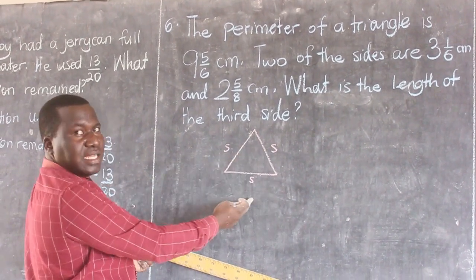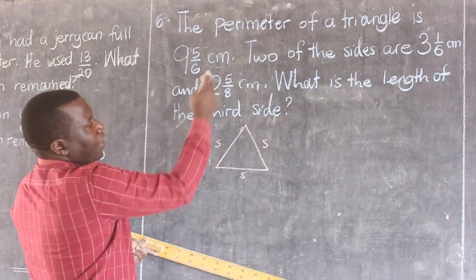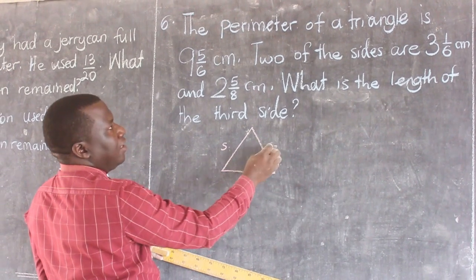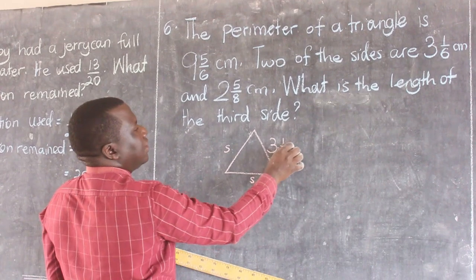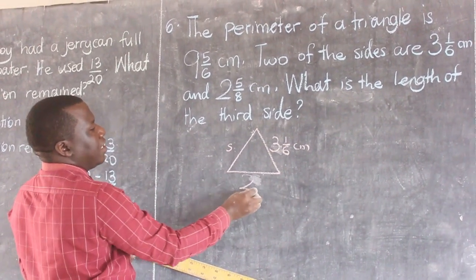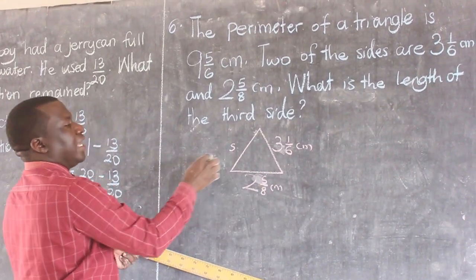We know how they get the perimeter of a triangle. You add all the sides, and already you've been given its perimeter in total, and you have been given 2 of the sides, as in being this side, let's say, is 3 whole numbers and 6 centimeters, and this other side is 2 whole numbers and 5/8 centimeters. Now what is this side?